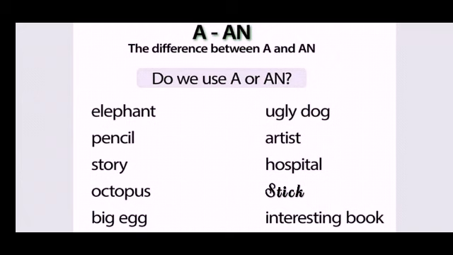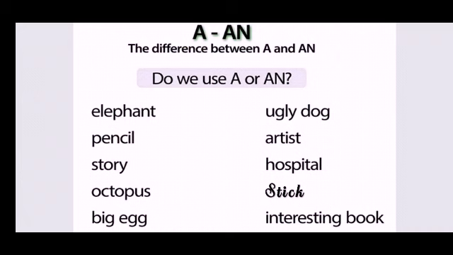Big egg. We have to check the sound of big. This is a consonant sound. Ugly dog. What is the sound of ugly? Yes, it starts with U. Vowel sound. Artist, vowel sound. Hospital, consonant sound. Steak, consonant sound. Interesting book, vowel sound.